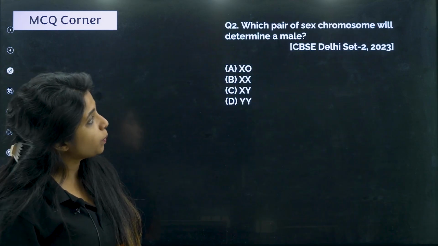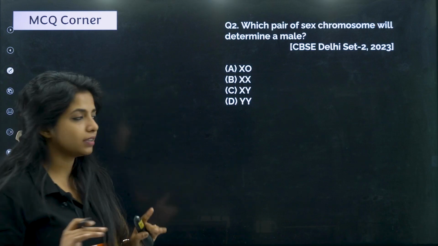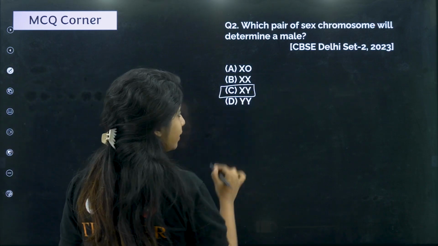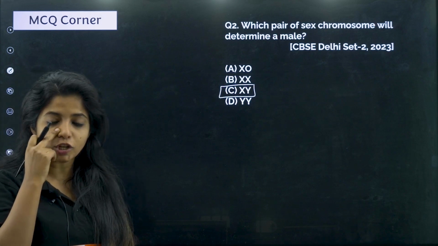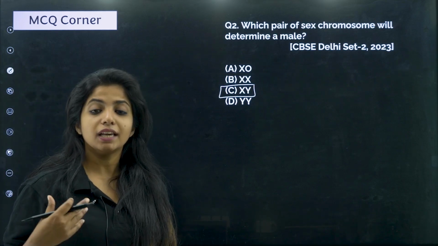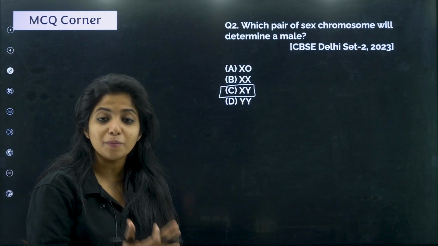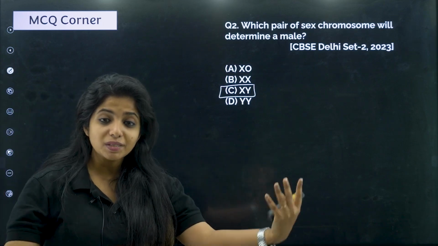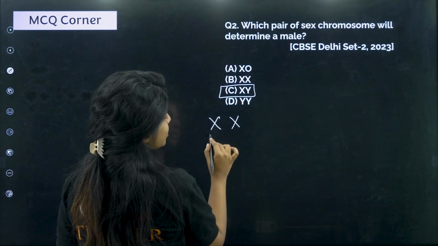Next question. Which pair of sex chromosomes will determine a male? So a male always has XY chromosomes. Female on the other hand will have XX chromosomes. If you are asked who is responsible for the sex of the child, you say it is the male, but actually you should not be saying that, but anyways, because females were blamed for it, there had to be scientific research done on it, according to which the female always contributes just an X chromosome.